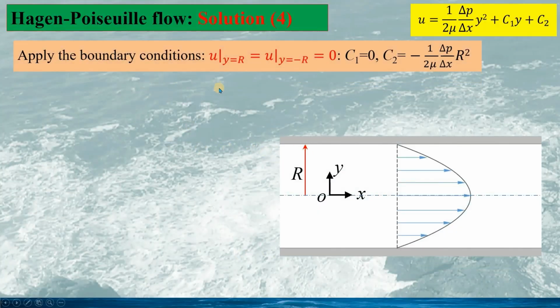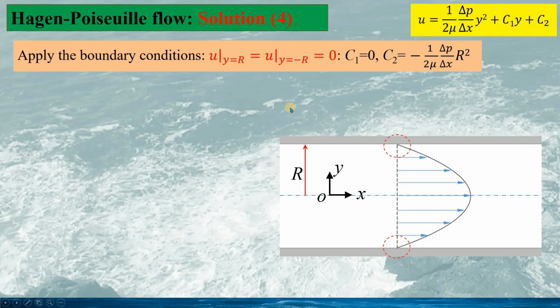Now, we apply the boundary conditions at y equaling r here and y equaling minus r here, and the no-slip boundary conditions are applied at the pipe wall.